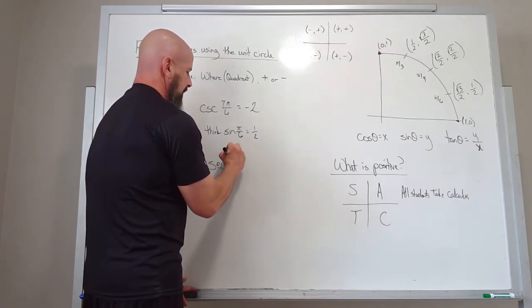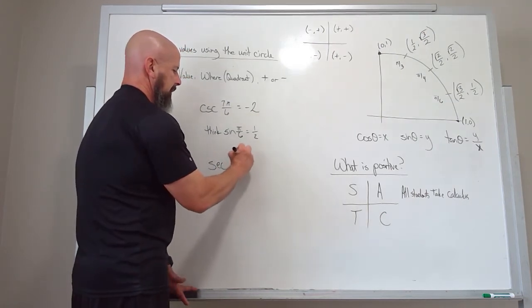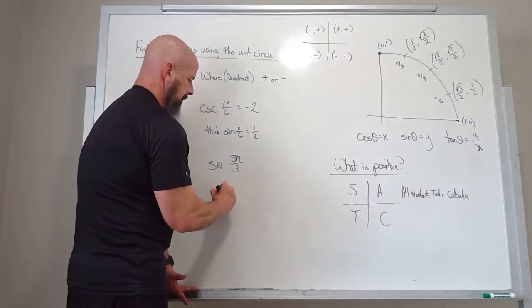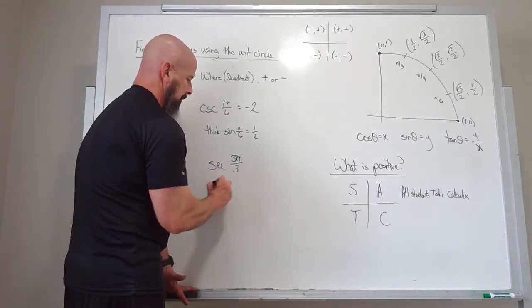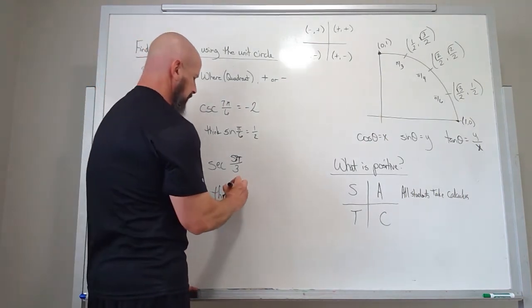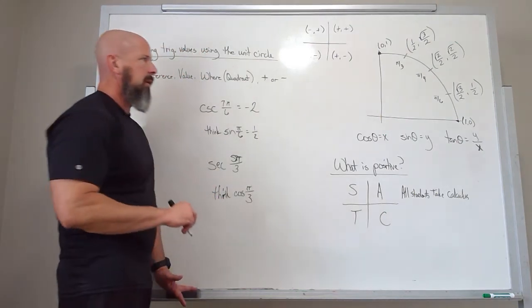Let's say we wanted the secant of 5 pi over 3. Well, what I'm thinking of, again, I'm getting used to this and I'm going with what I know best. I know cosine's better than secant, so I'm thinking of cosine of pi over 3.